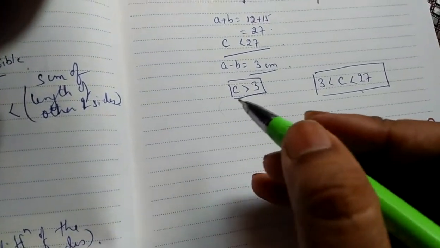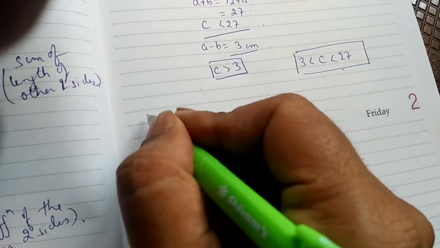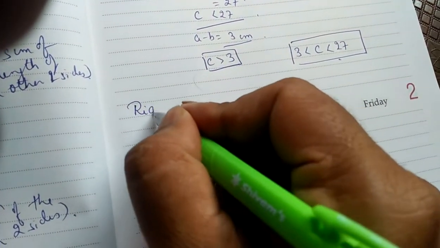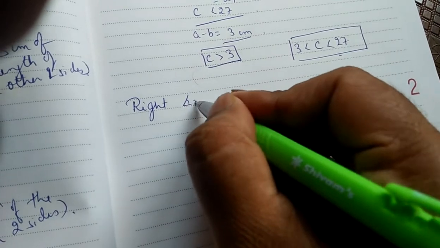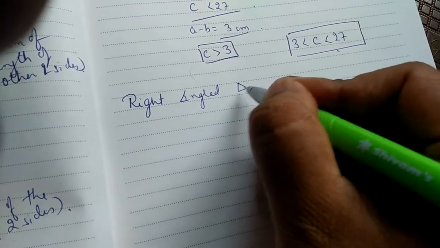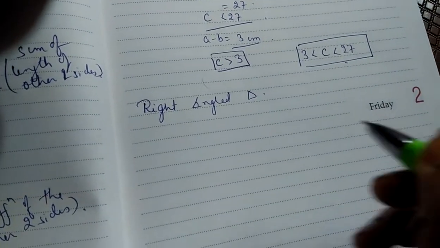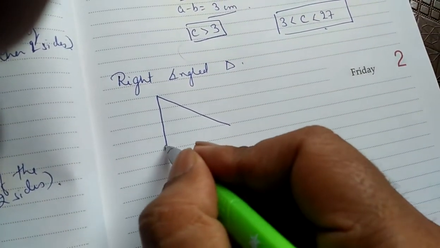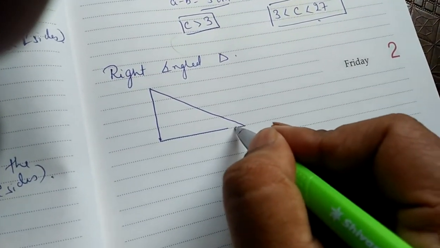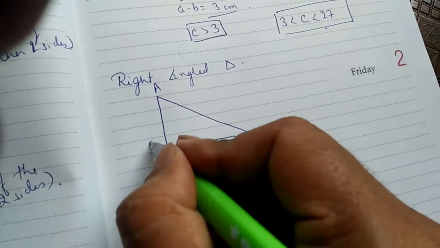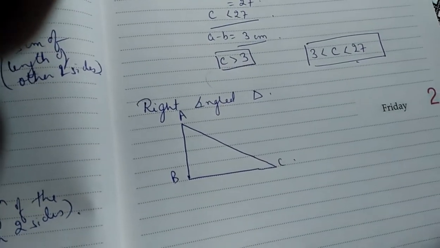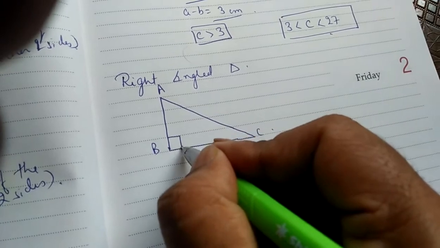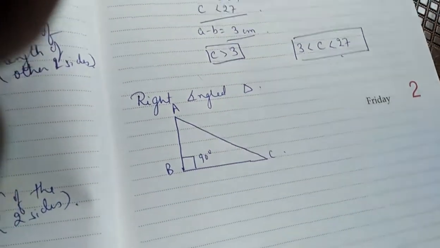Let's discuss another property, the right angled triangle. Okay, A, B, C. This is a right angled triangle. This angle is 90 degrees.